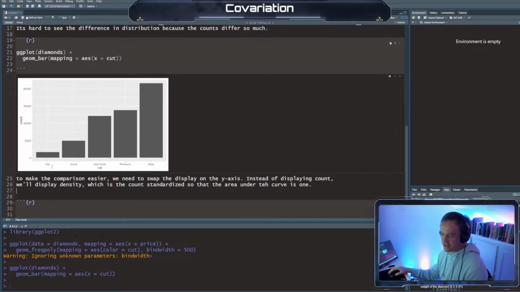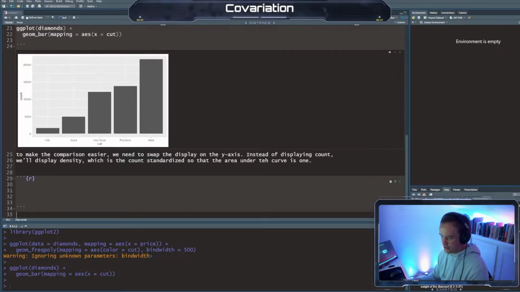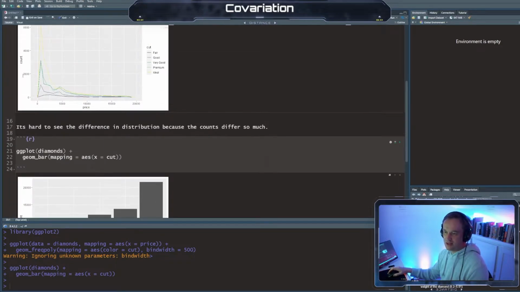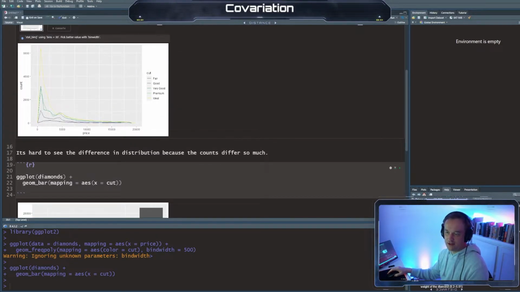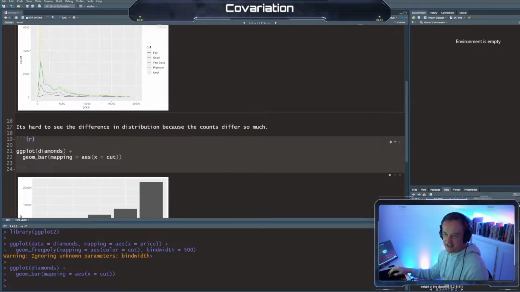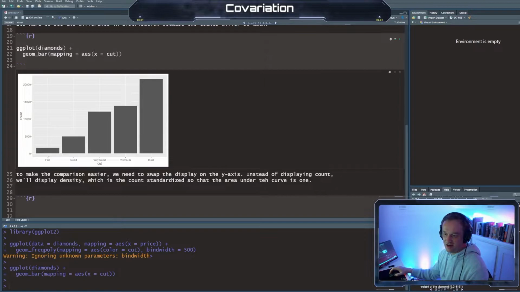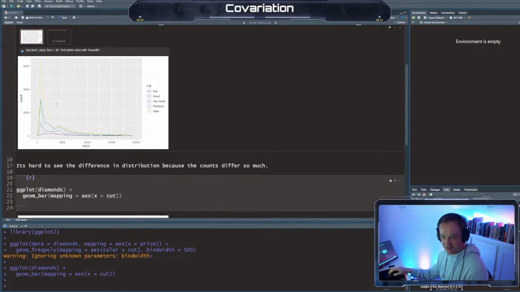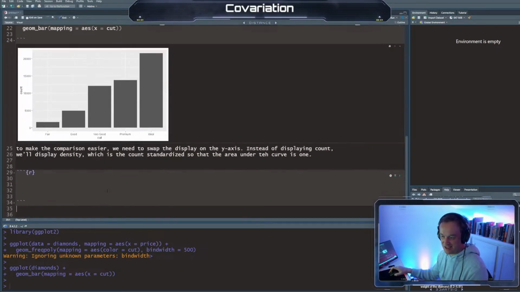So we can standardize and kind of average it. Right now this is based on just total counts, but if we make everything equal by standardizing it and ask what percentage of these are priced at fair, etc., we're dividing everything by itself to get a percentage of itself.